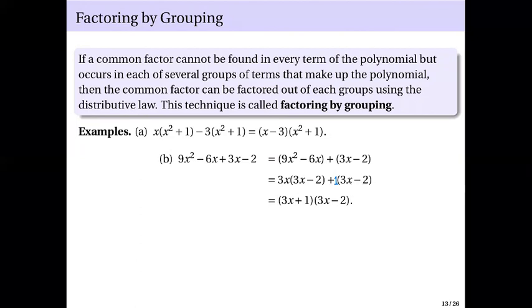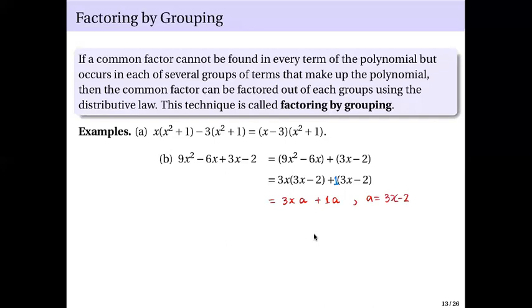Look, for example, let us go back one step. In here, you got 3x times a plus 1 times a, where a here is your actual 3x minus 2.